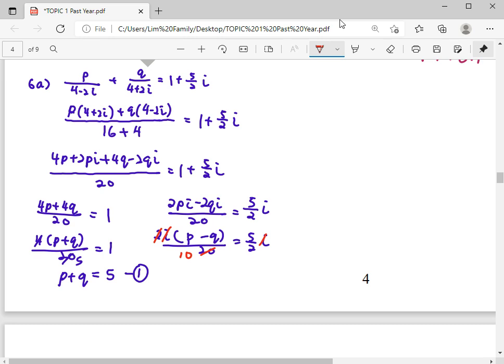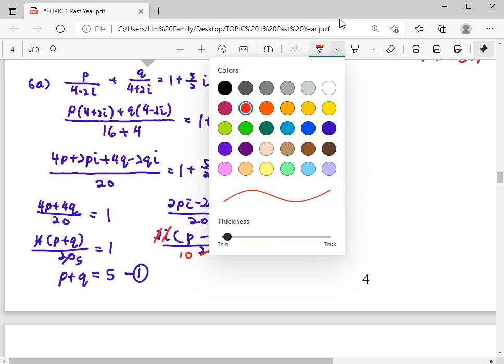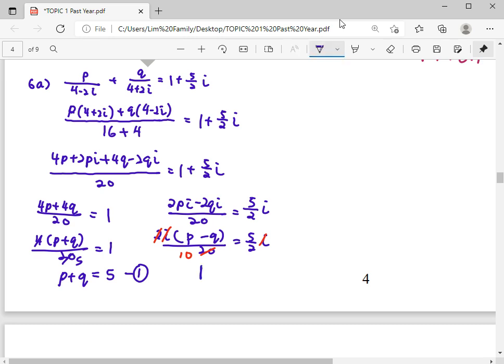When I move the 10 to the right hand side, multiply it to the right hand side, it will be then 5 over 2 times 10. So it will be 25. Okay, so it will be our second equation.